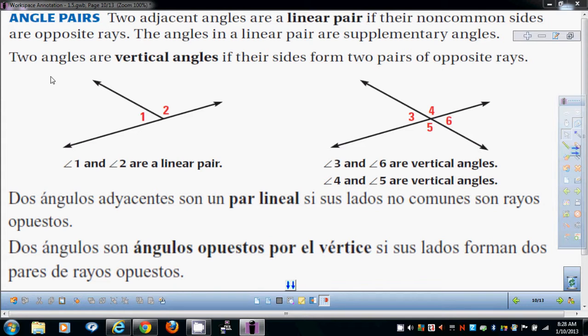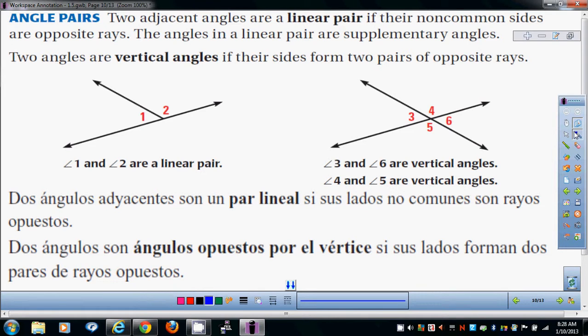Now, the reason these two pieces of vocab are interesting and necessary is because as our little intersections get more and more complicated, we're going to have more and more of these where just things cross. You know one angle, you know all of them. Example, if this piece is 40, what other piece is 40? 6. And if this piece is 40, what is angle 4?